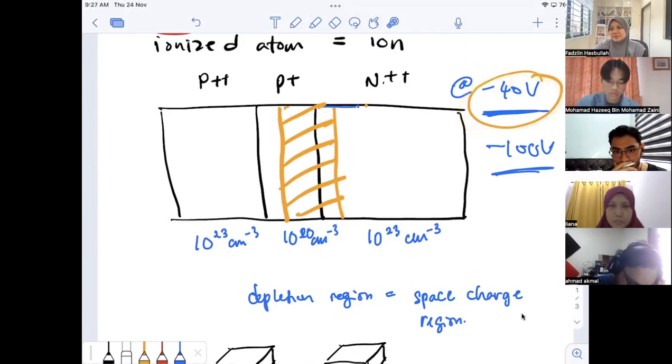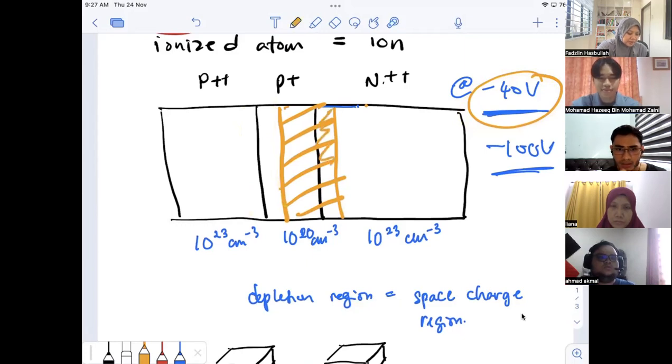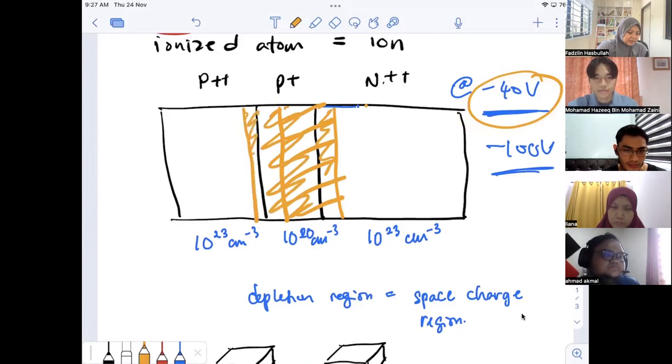Minus 40 sebenarnya besar. So to be strictly correct, Alfian's answer is correct. By minus 40 tu dah patut go, dia dah deplete the whole of the P, and then it goes slightly to the P++.